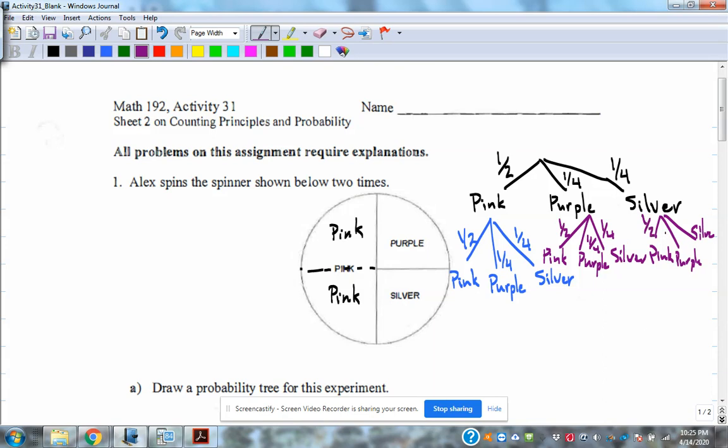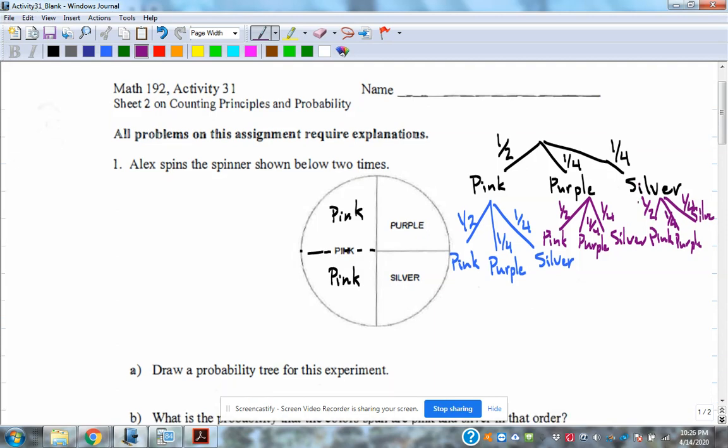But again, 1/2, 1/4, 1/4 are the probabilities. So the probability tree is like a factor tree type thing. Each node or stopping point is where we've spun the spinner and your options from each of those times. And then you just put the probability with it.